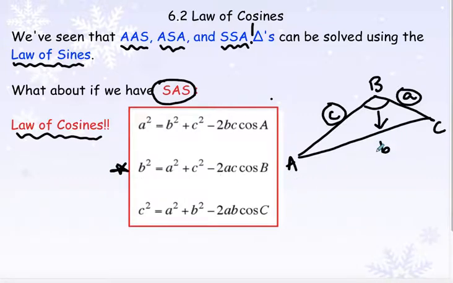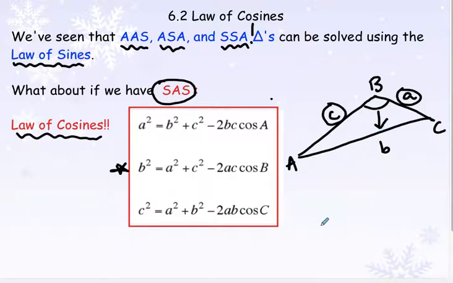If I want to solve for side B, I would have to be given these two sides and the angle in between them. And I would take side A and square it, plus side C and square it, minus 2 times A times C times the cosine of the angle in between.